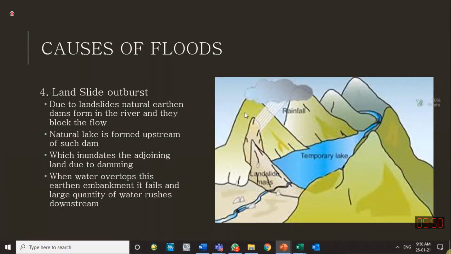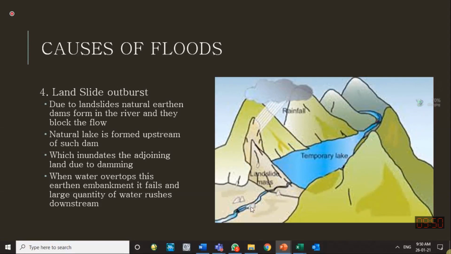Sometimes the steep slope hills or mountains on the sides of the river give way or fail because of different reasons, because of an earthquake or because of huge rainfall activity which seeps down into the soil, and the shear strength of the soil is reduced, and the whole mass of the land moves into the path of the river.